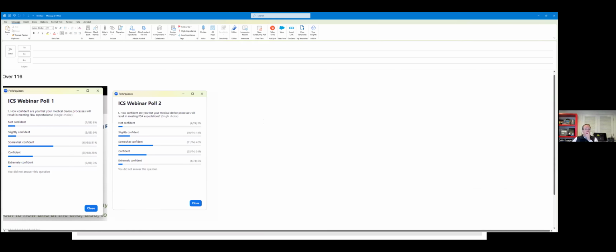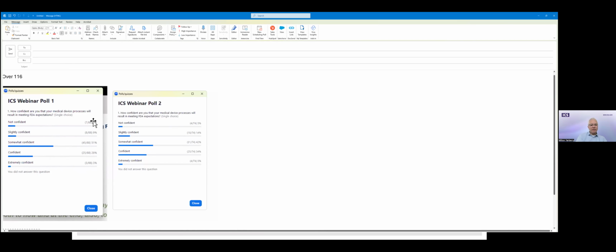That's legible. Okay. So yeah, we got people out of the not confident category a little bit. Slightly confident went up, but maybe that's because people are moving over. Extremely confident went down, so that's not great. But I think the confident category is the same.